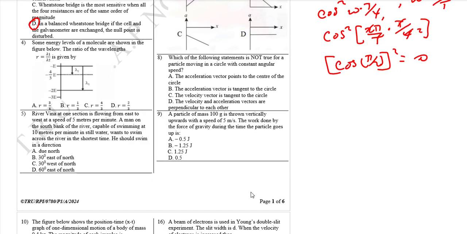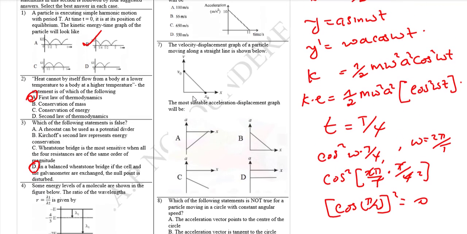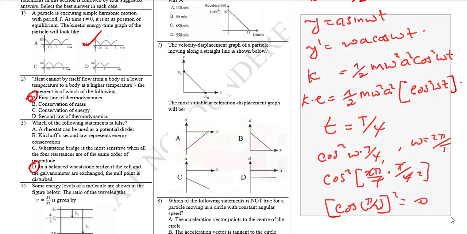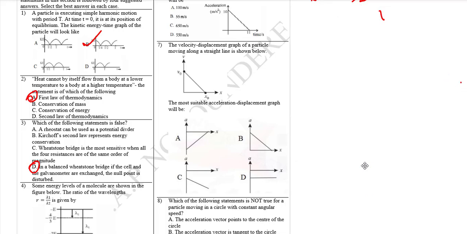Question number 4. Some energy levels of molecules are shown in the figure below. The ratio of the wavelengths lambda 1 to lambda 2 is? Okay, let's remove all this.